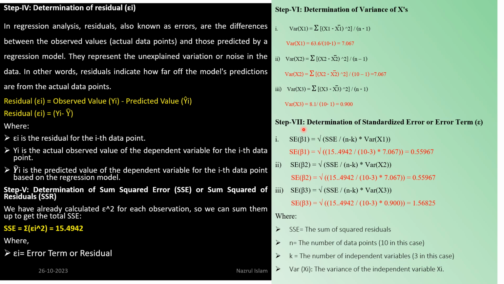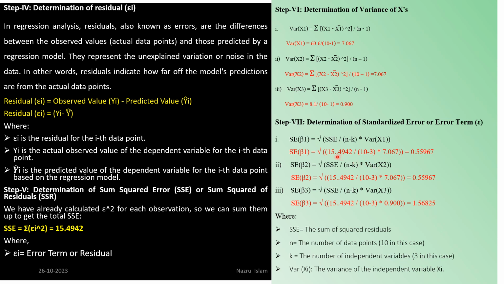In step 7, we determine the standardized error or error term by using the formula: under root SSE divided by n minus k multiplied by variance of x1. Here to note that n is the number of data points, that is 10 in this case, and k is the number of independent variables, 3 in this case.